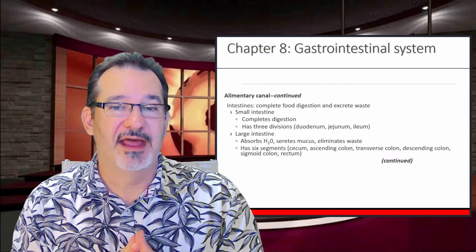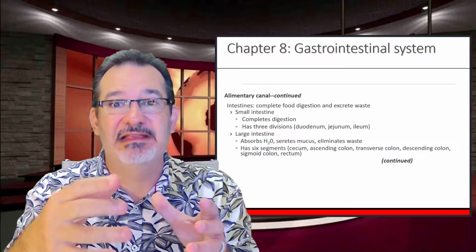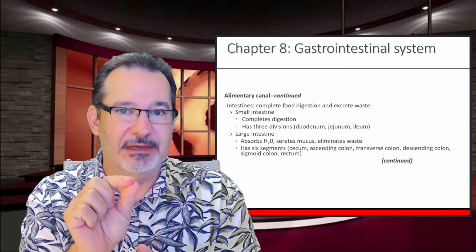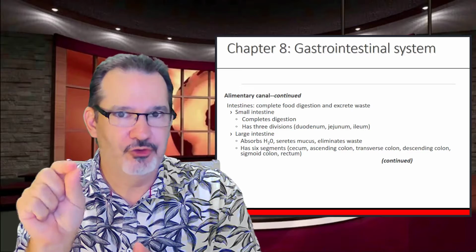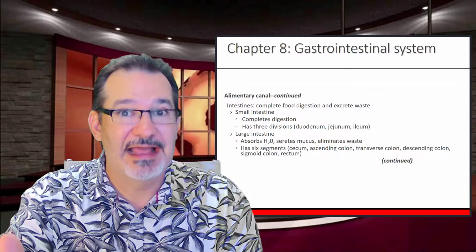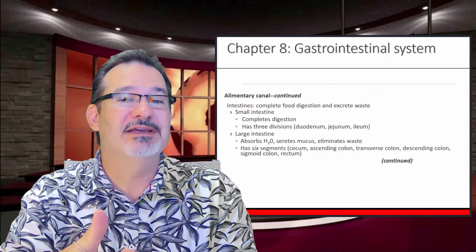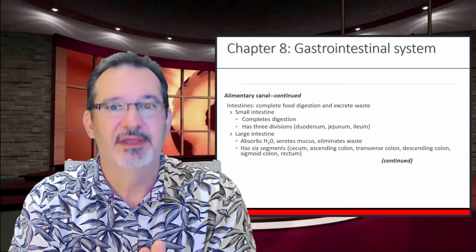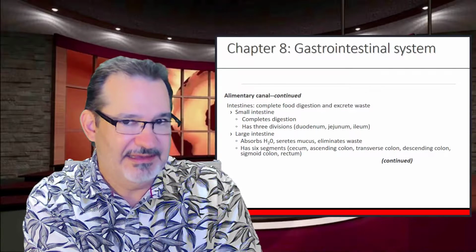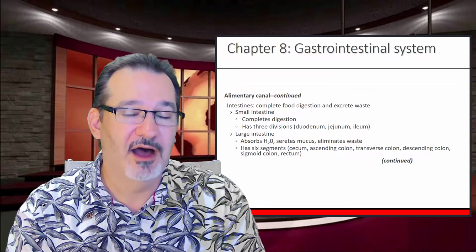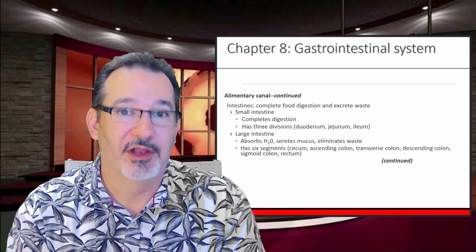And the way I remember that is whenever I see those words printed: ilium, ILIUM, hip. Hip has an I in it. So if I see ilium with an I, then I know we're talking about the hip. Ileum with an E is referring to the lower portion of the small intestine.